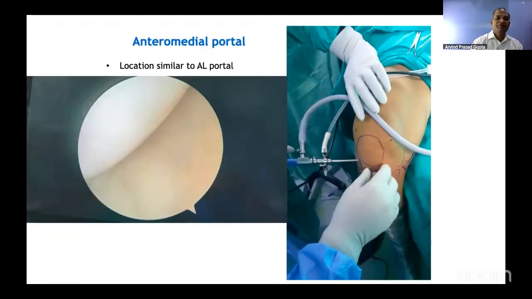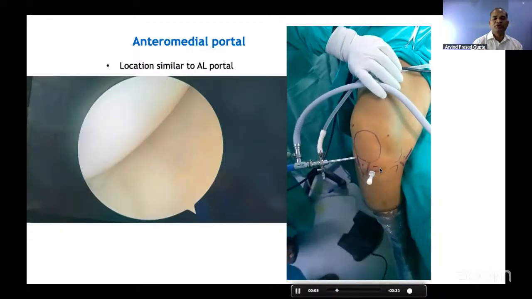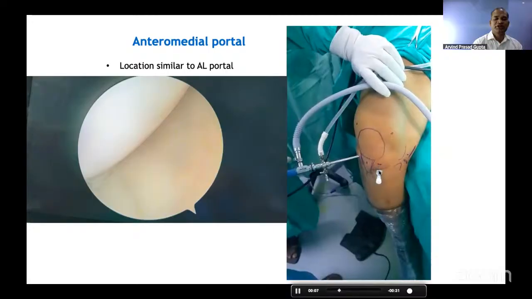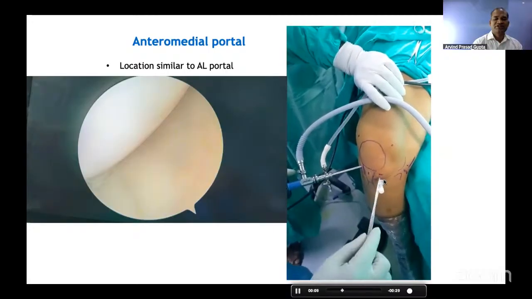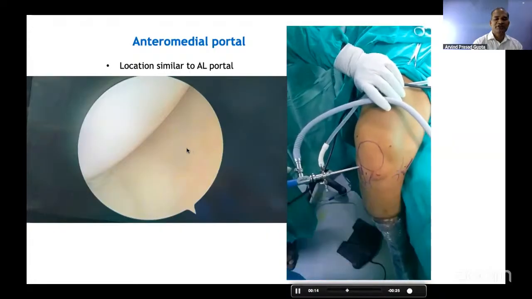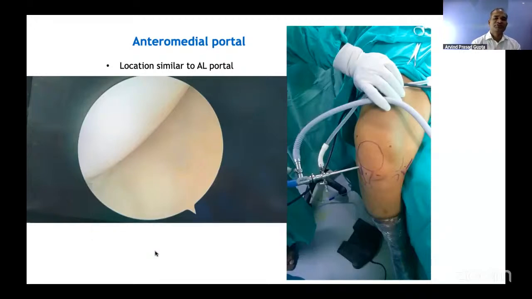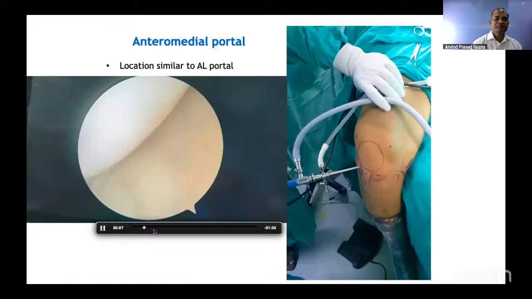Like after making the anterolateral portal, you make the anteromedial portal. That is your working portal here, with the help of a knife. So you can see after putting the knife here, you must visualize your knife inside also, like this. You can see here. So you first pass your needle.